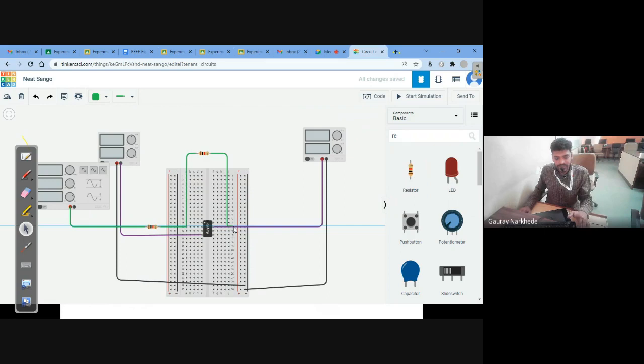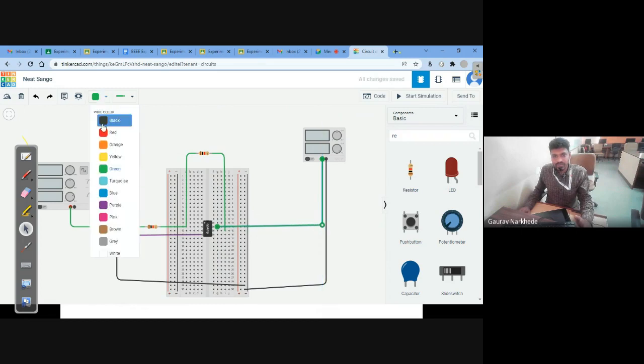This I will connect to the output terminal. Which is the output terminal? This. So here I can connect it, and this is also connected to output. This was your plus VCC, the power supply.